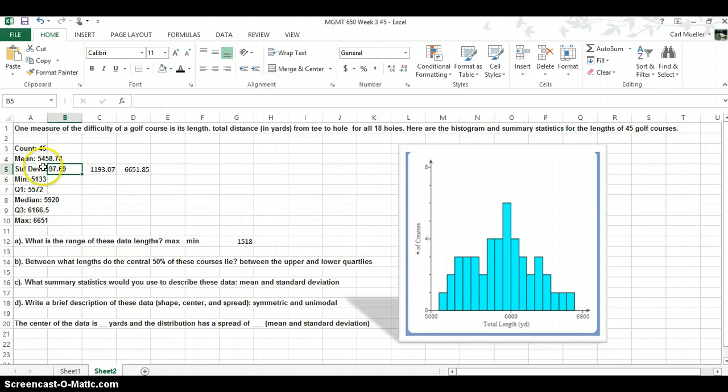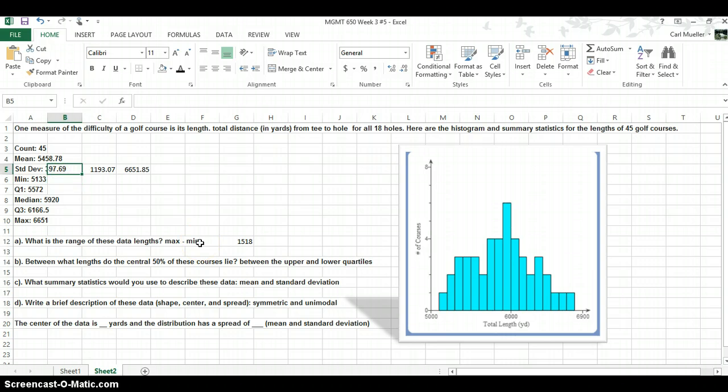But if all were skewed towards the mean, that means there's really not a lot of variation. A lot of golf courses keep their lengths within 5,500, 5,600. So this tells you that there is a pretty defined spread of golf courses.